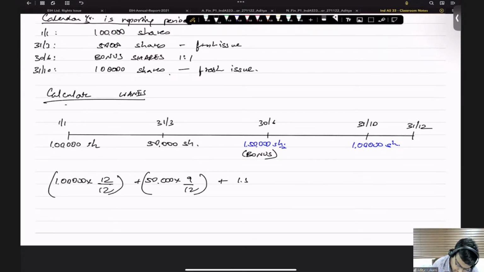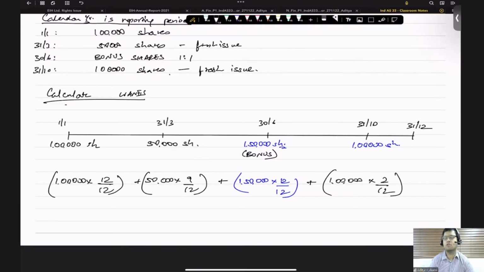Sir, 1,50,000, you yourself said it is a bonus. So it is present for all the period, including the earliest reporting period. So 1,50,000 into 12 by 12 is what you would have written here. For bonus. Plus the new issue in October, so 1 lakh into 2 by 12, November and December.